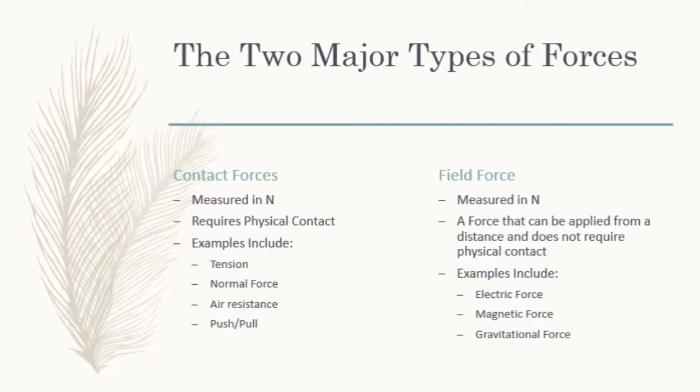So there are two types of forces. There are contact forces and there's field force. Now they're both measured in newtons. The main difference is that contact forces require physical contact, whereas field force can be applied from a distance and does not require physical contact.